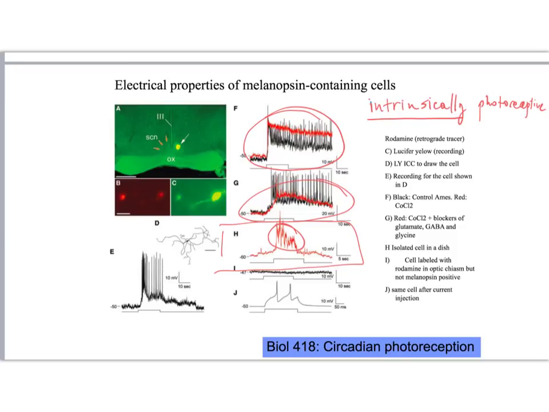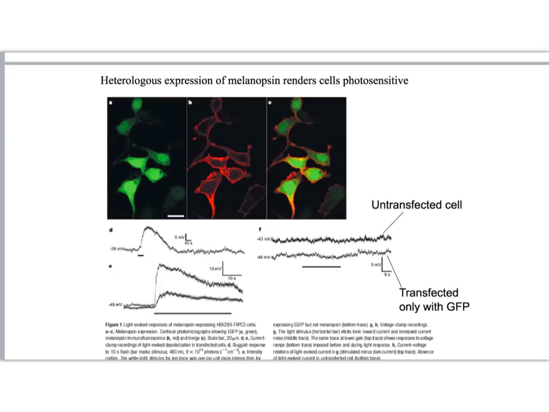So the point is that having melanopsin confers on these cells the ability to respond to light in an intrinsic fashion. So people thought, well, if this is true, it should be possible to express melanopsin in cells that are not photoreceptive and induce them to become photoreceptive.